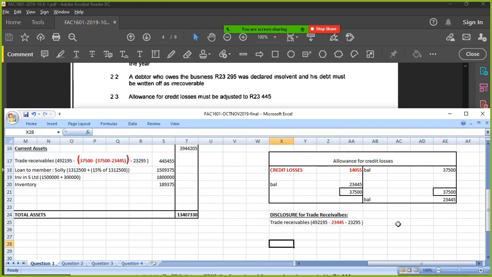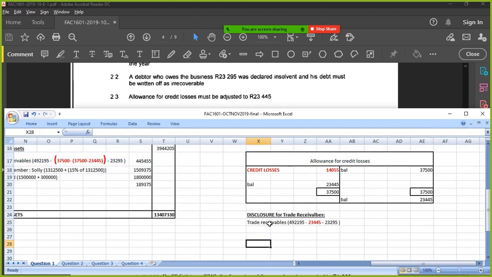Then you have to write off the bad debt. So obviously the 23295 was for point 2.2. You had point 2.2 here and point 2.3 there, and obviously your trade receivables is the net amount.